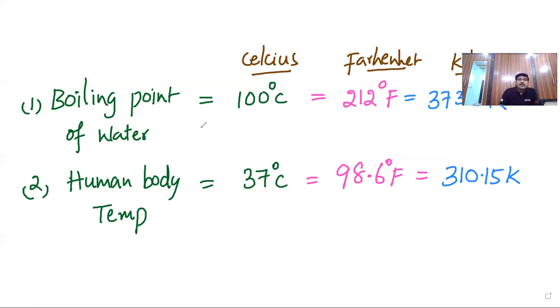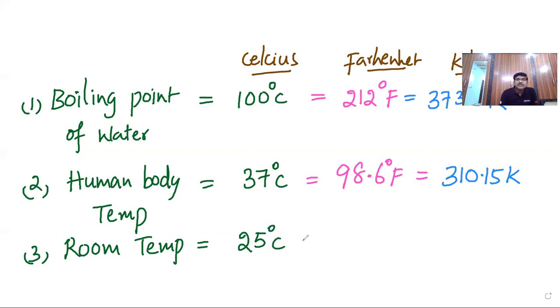Suppose I take the room temperature. I want to highlight it. What is the room temperature? It will become 25 degree Celsius. 25 is the room temperature. If I convert to Fahrenheit, it becomes 77 degree Fahrenheit.